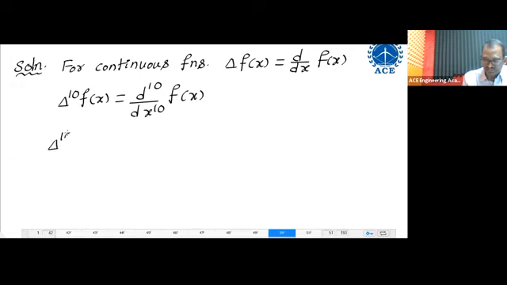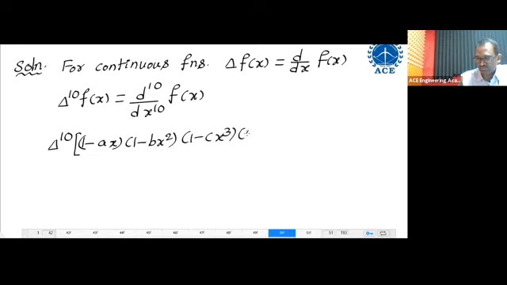So delta power 10 of (1 minus ax)(1 minus bx square)(1 minus cx cube)(1 minus dx power 4) is equal to d power 10 by dx power 10 of this.